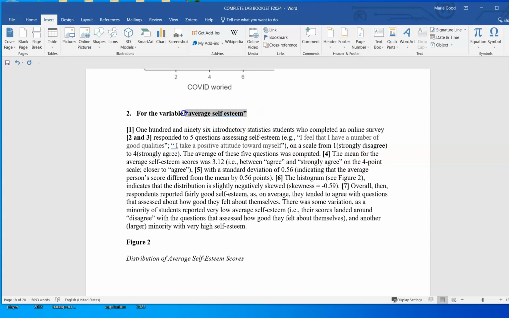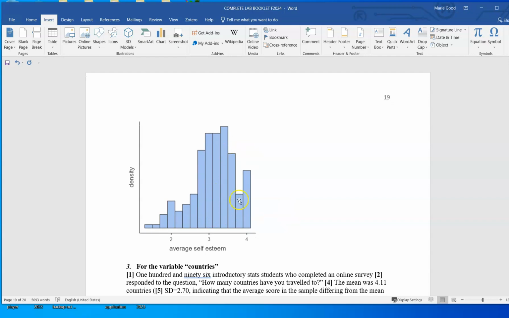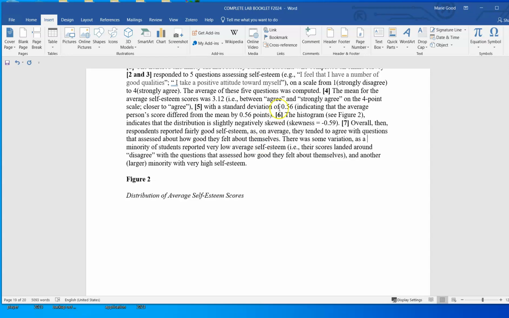Number 7 for the average self-esteem variable is a little bit longer. There are variations of how you can do this and it can look different ways, but how I wrote it out was, overall then, respondents reported fairly good self-esteem, right? On average, they tended to agree with questions that assessed how good they felt about themselves. This is what we see here, this bump towards the upper end of the self-esteem variable.